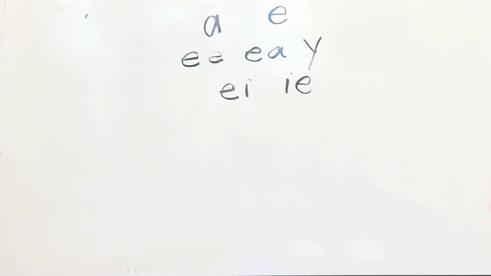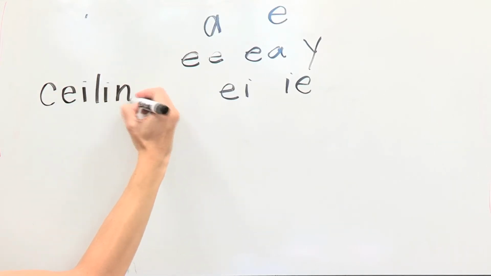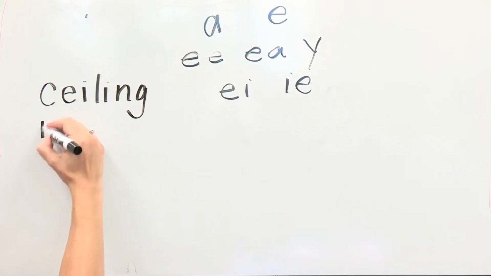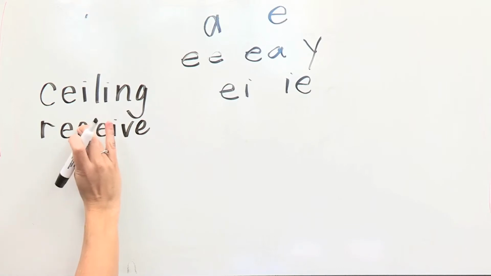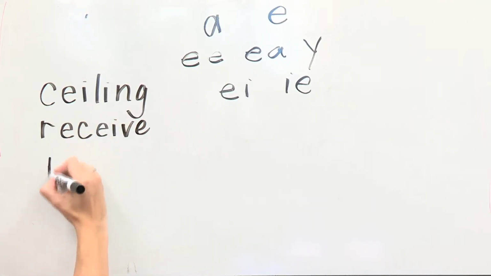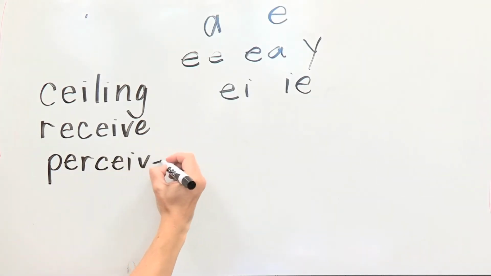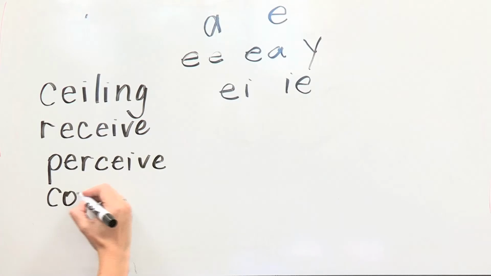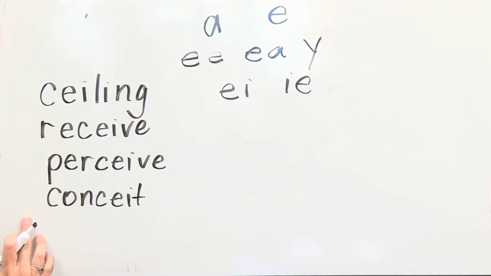All right, so EI only makes the long E sound when it's after the letter C. So we have these words, and if you notice, they're obviously more complex.